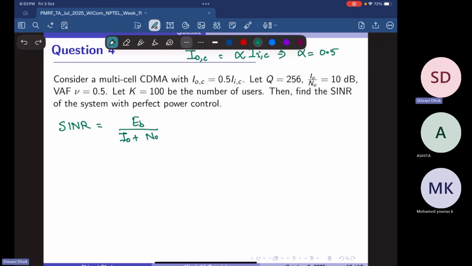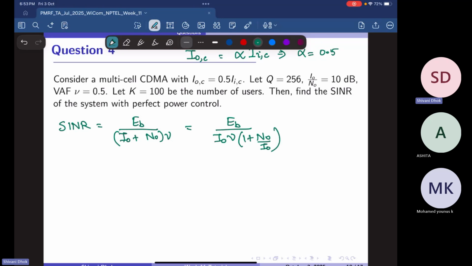And when you have voice activity factor, you need to just scale it by nu. So I can take out your new interference term outside, and I'll have I0 nu into 1 plus N0 by I0.